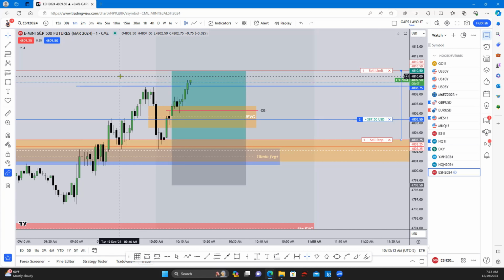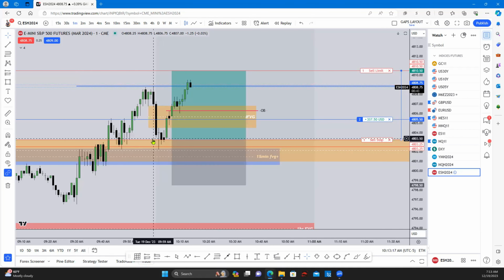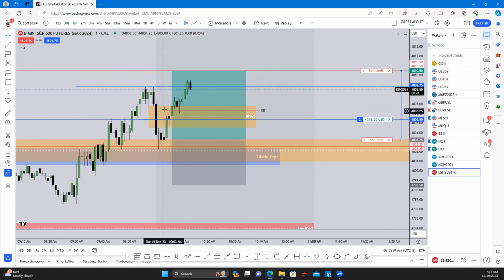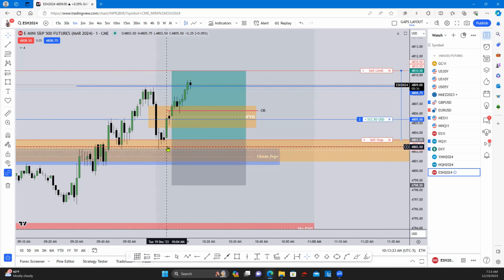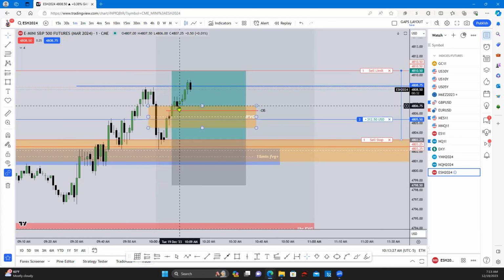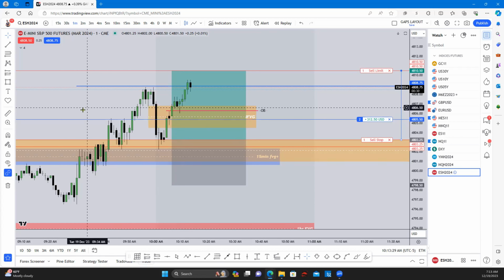Why did you not enter from the first tap? What first tap? Oh, I did down here, but then I scaled in on this one. First entry was down here. Second entry was here. Yeah.